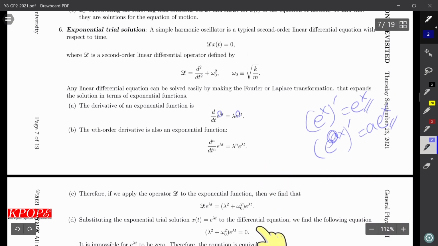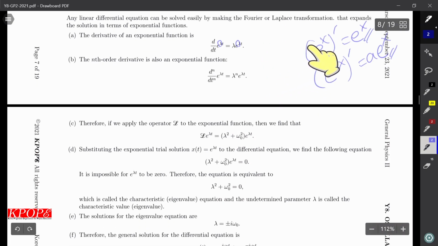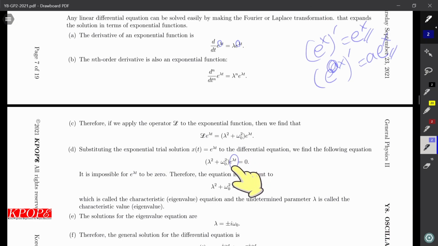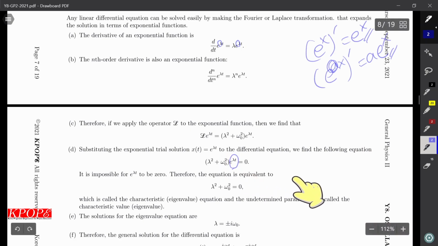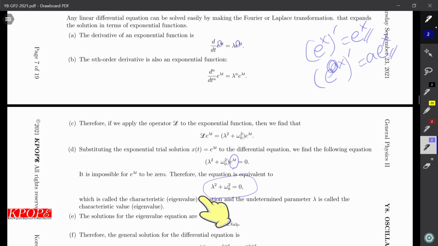Because if this is a solution, the right side must vanish. We know for any value of the argument, the exponential function never becomes zero. So the only possibility of satisfying this equation is that the coefficient that is factored out, lambda squared plus omega 0 squared, equals zero.